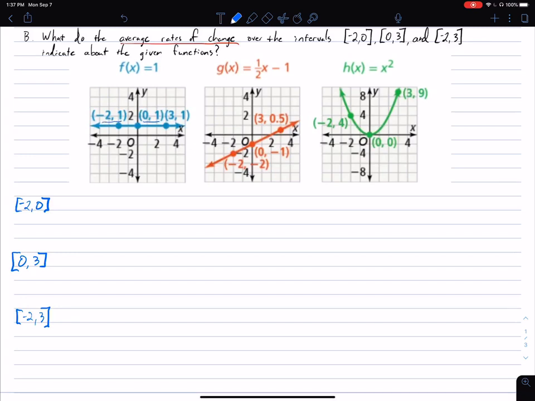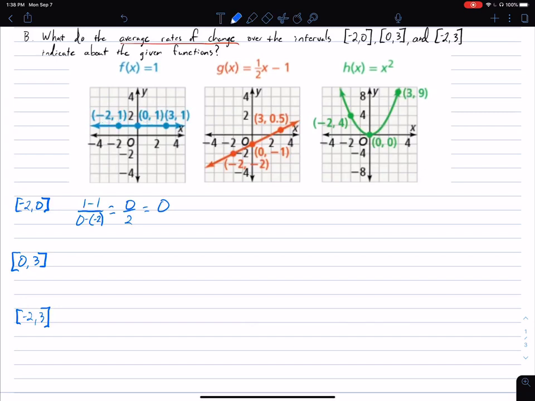So take your y values, y minus y, which is going to be 1 minus 1, over x minus x, in this case 0 minus negative 2. That's going to give me 0 over 2, which is just 0. So my average rate of change from negative 2 to 0 is 0. It's not going up. It's that simple.